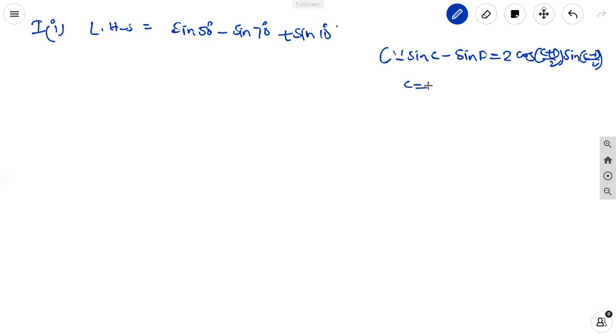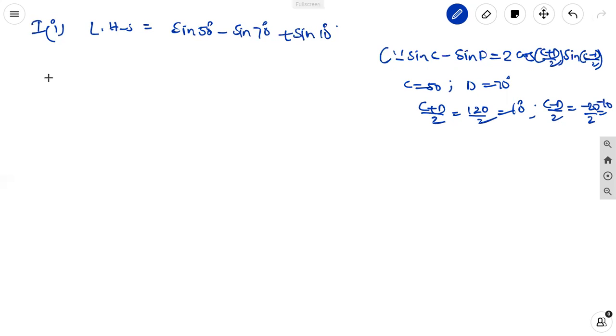Here C is equal to 50 degrees, D is equal to 70 degrees. C plus D by 2 equals 120 by 2, which is 60 degrees, and C minus D by 2 equals 50 minus 70, which is minus 20 by 2, equal to minus 10 degrees.